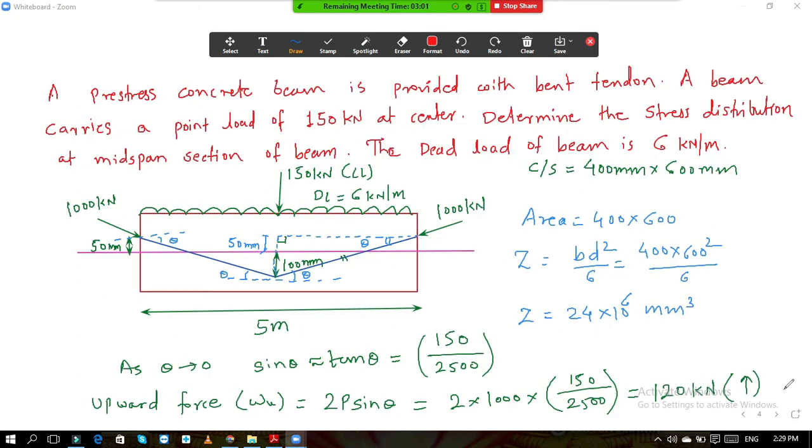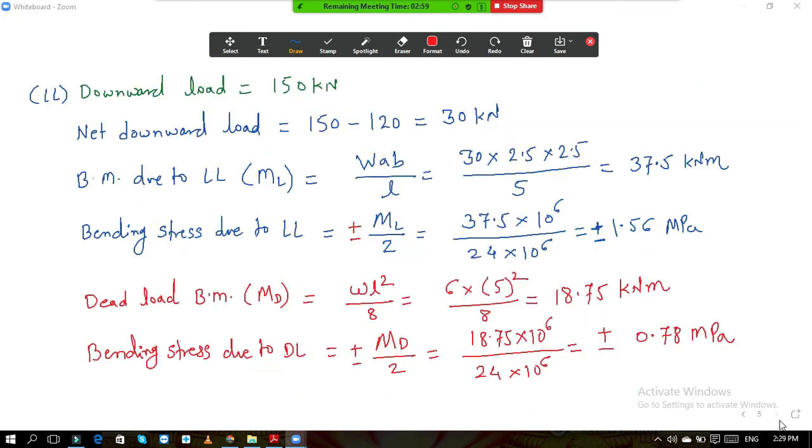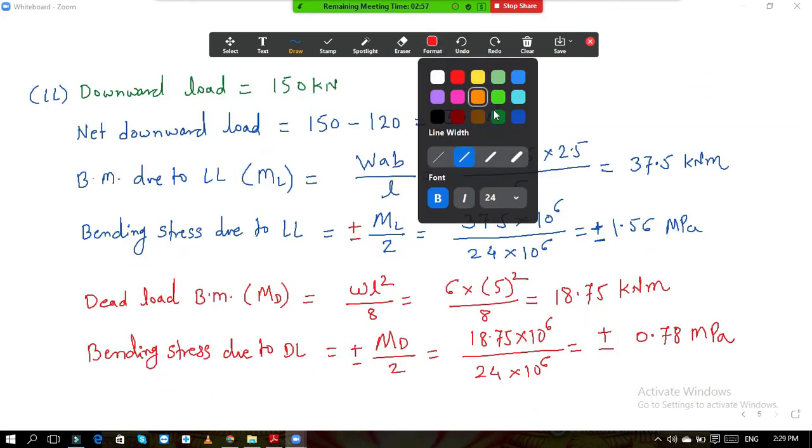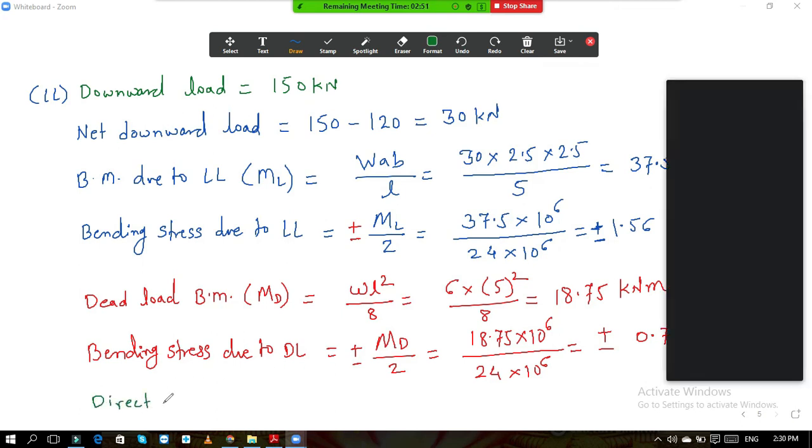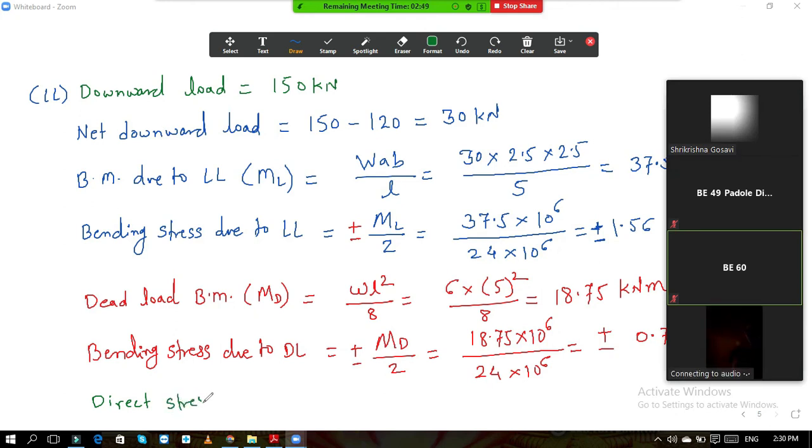Okay, so we will calculate the direct stress. Direct compressive stress, which is always plus P by A. What is the value of P? 1000.